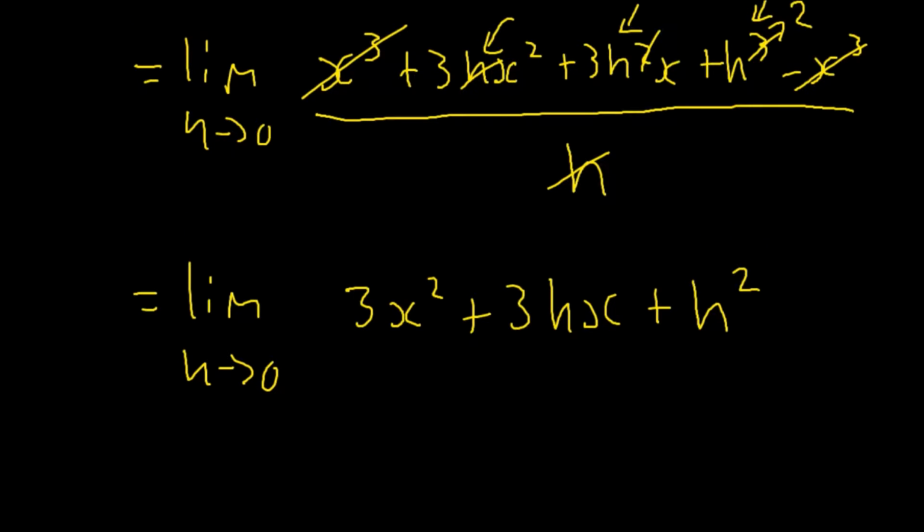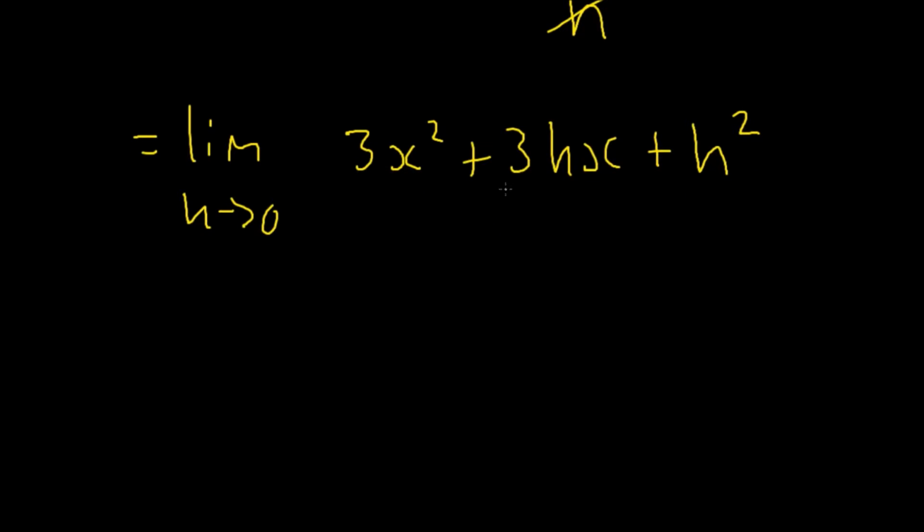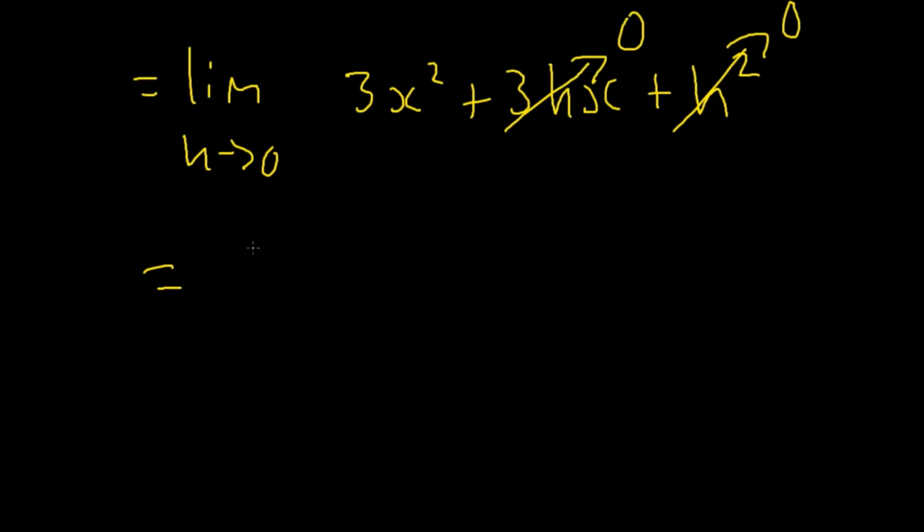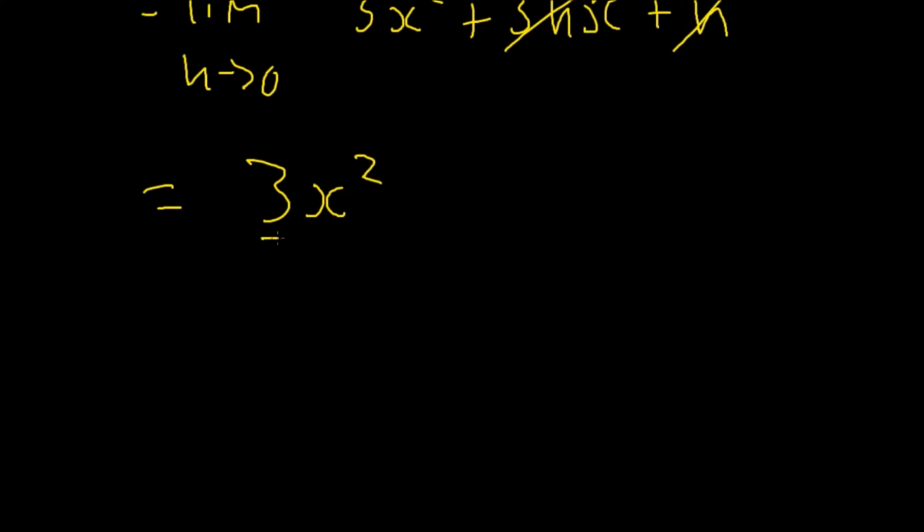And now, because the limit goes to 0, this term goes to 0 when we sub in h, and so does this term when we sub in h. Now, curiously, our limit equals 3x squared. Okay, that's alright. Let's just keep in mind that the 3 that was once up top came out front.